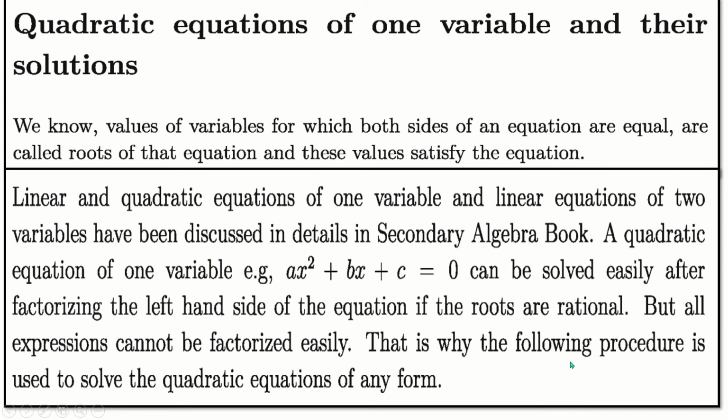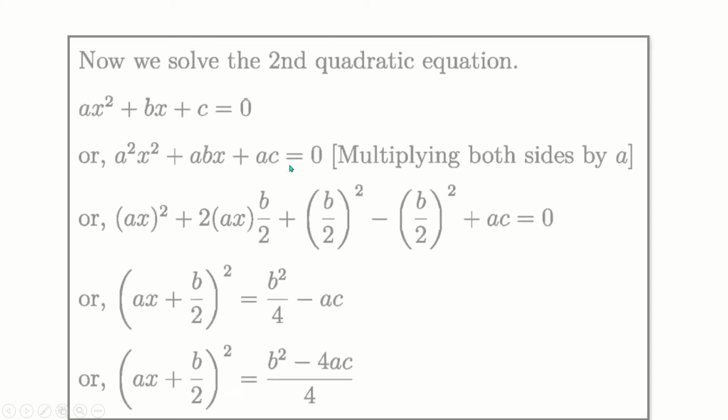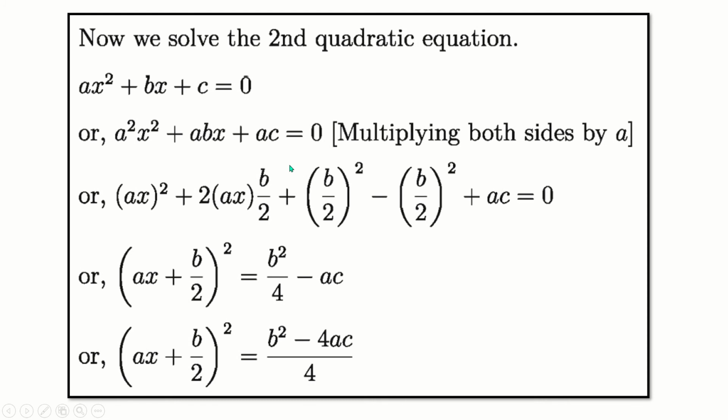That is why the following procedure is used to solve the quadratic equations of any form. We'll solve the quadratic equation, that means ax square plus bx plus c is equal to 0.